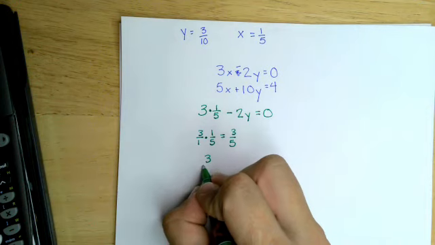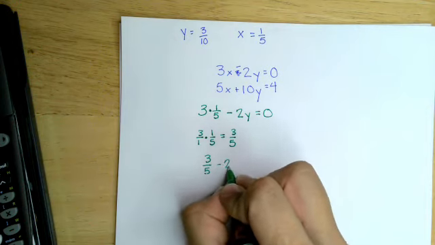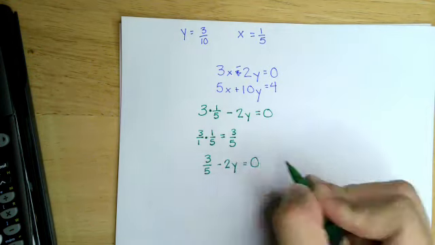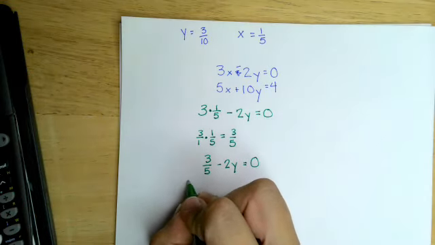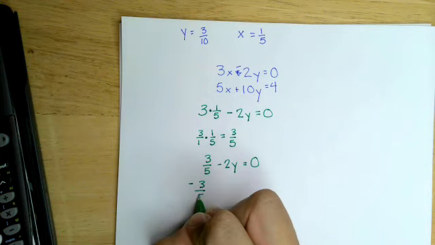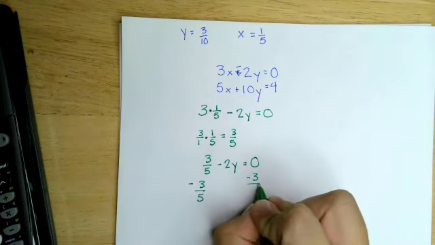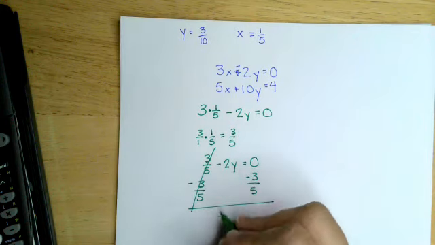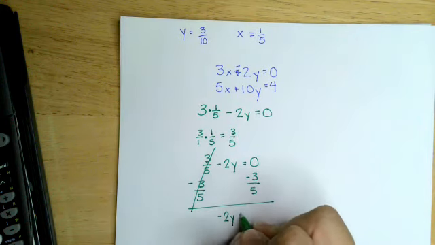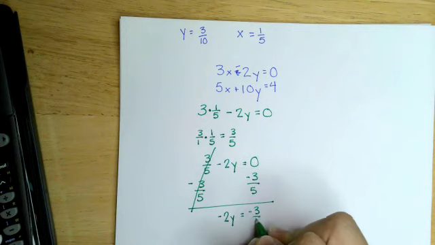So now I have 3/5 minus 2y equals 0. So I need to subtract 3/5 on either side. Negative 2y equals negative 3/5.